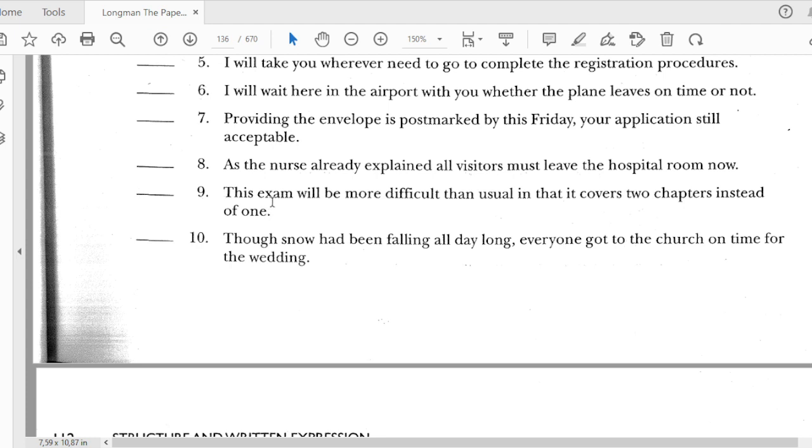This exam will be more difficult than usual in that it covers 2 chapters instead of 1.